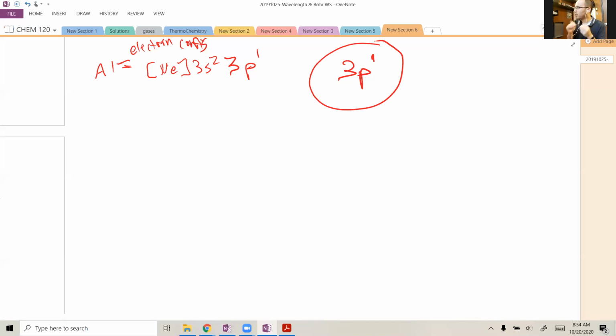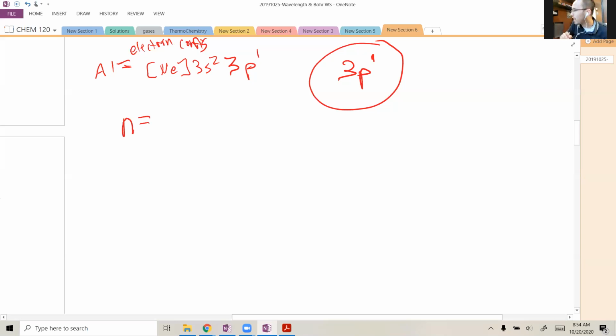Every electron has a unique set of quantum numbers inside that atom. No other electron can share it, so only one of them has it. These are all the characteristics that give you the address of that one electron. If we're looking at this electron here, the 1 in 3p1, we would like to identify its quantum numbers.